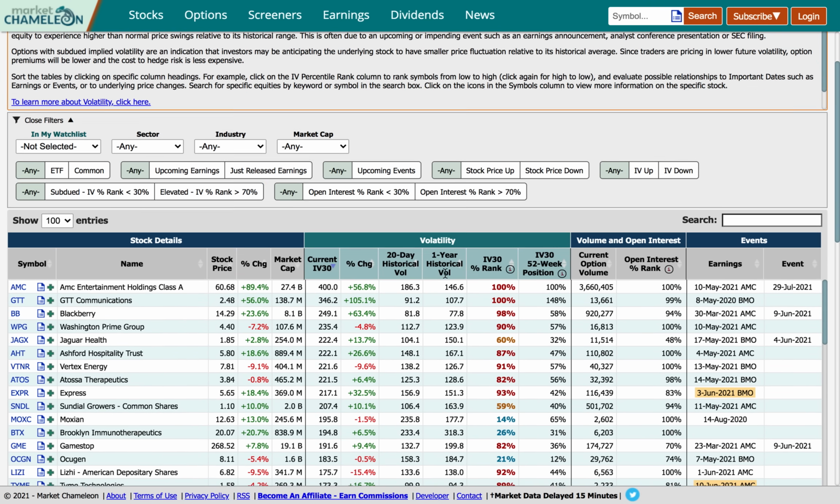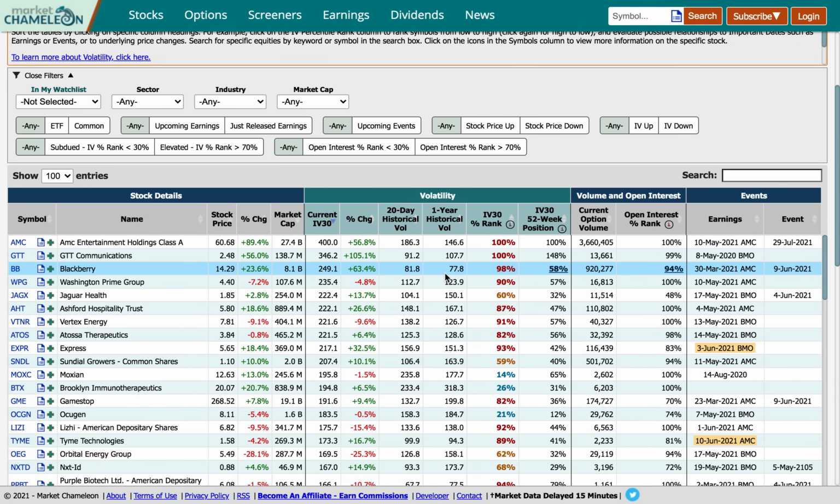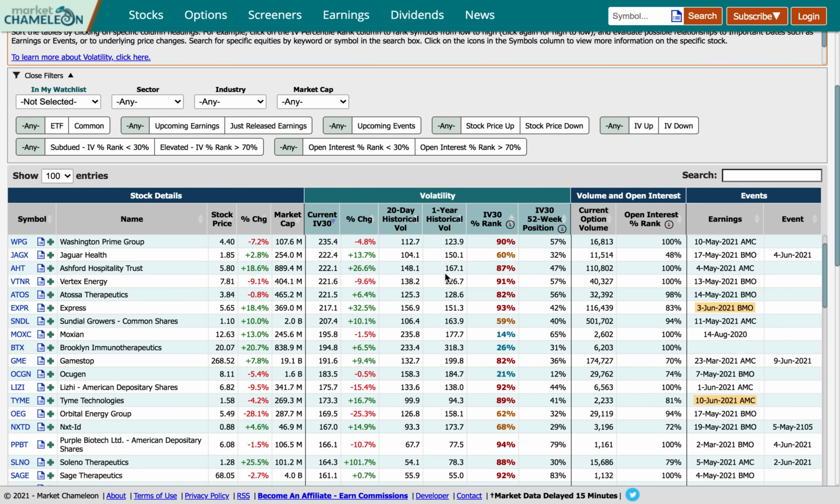And so what we want to do is we want to find stocks in here. Now we're not just going to choose any stock here. What you want to do is you want to scroll through the list here, find a stock or a company that you were already looking to buy, a company that you're very bullish on in the future that you think has pretty big growth coming up.